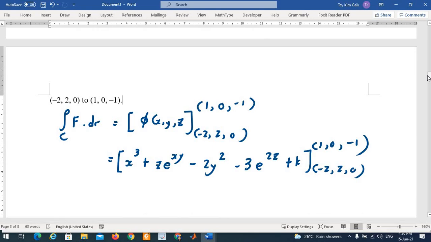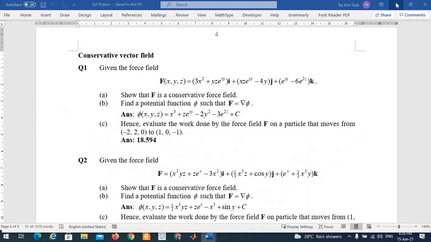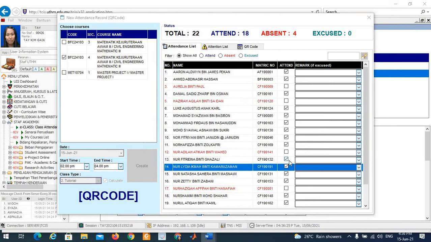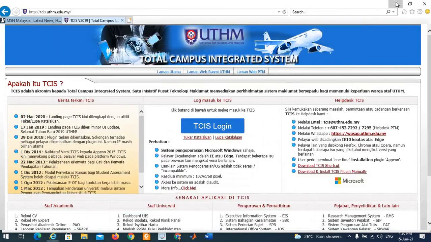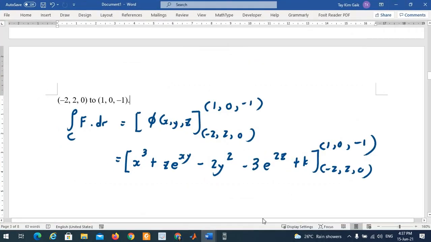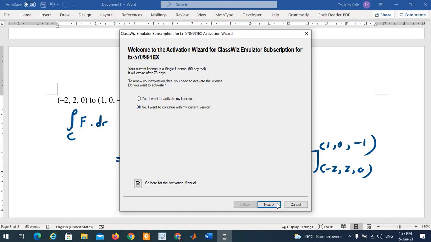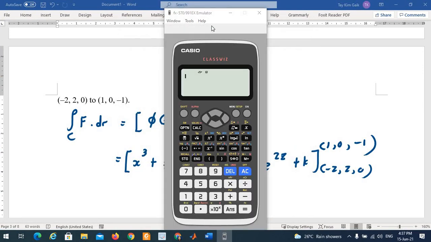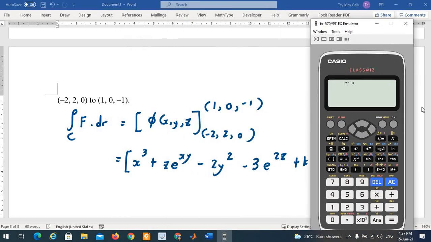Okay. So you may evaluate it by plugging in your upper limit deduct the lower limit. You can input this function to your calculator.